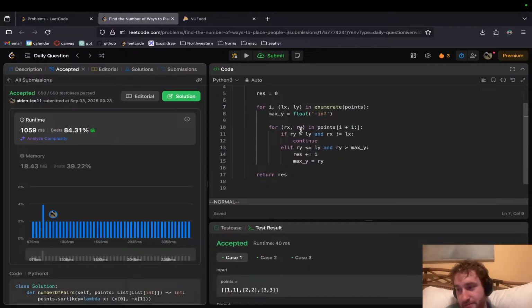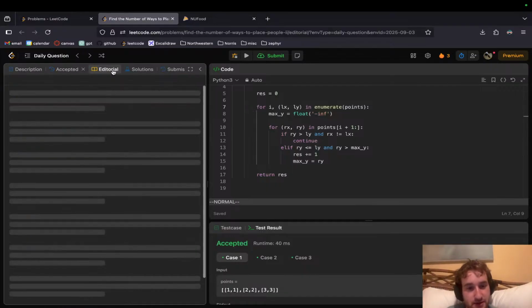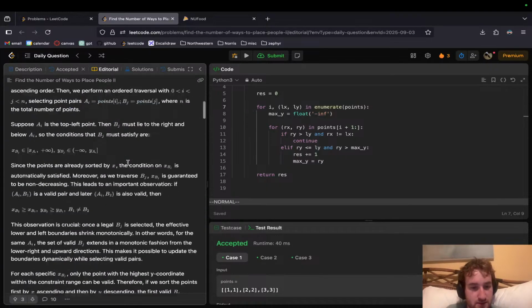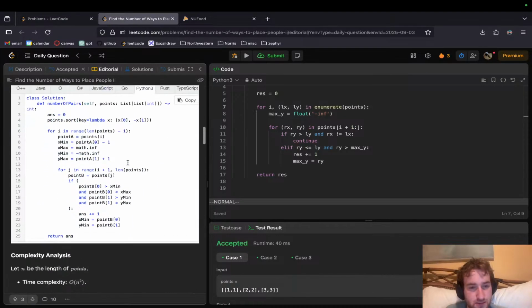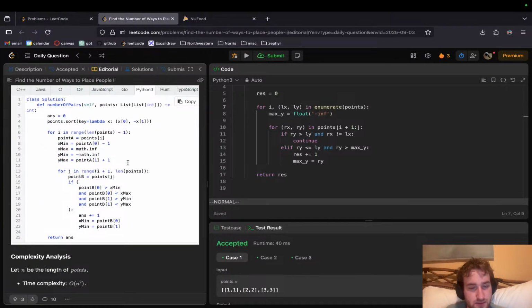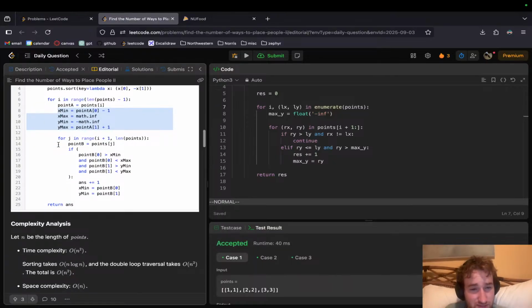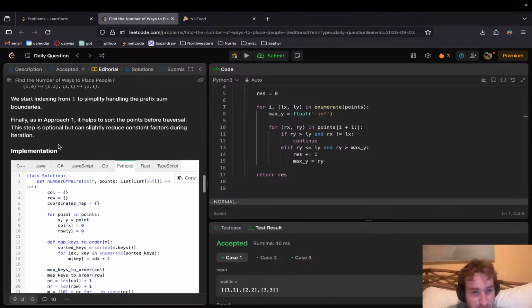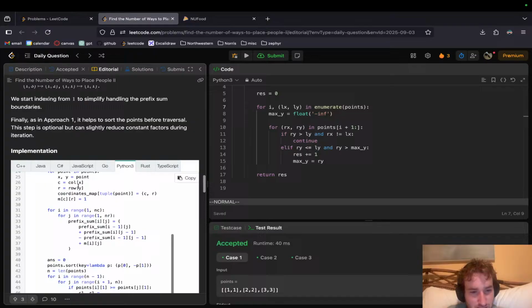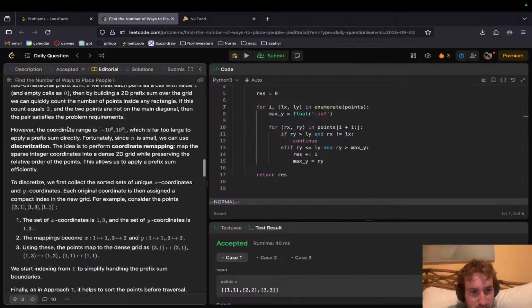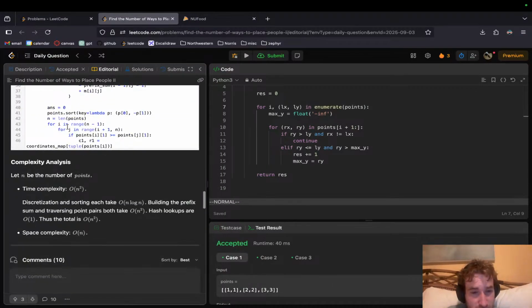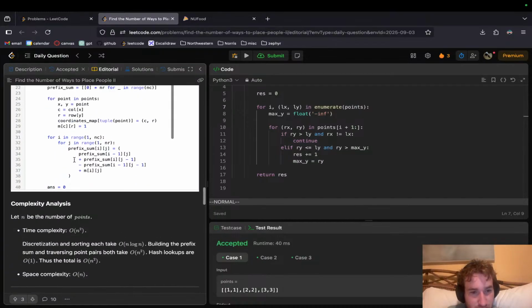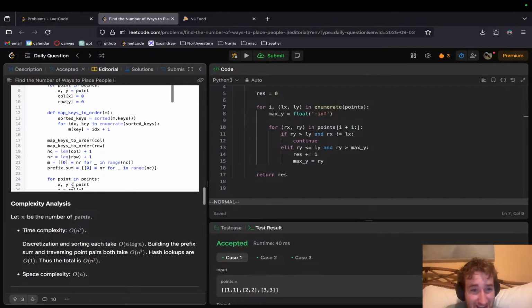Feels cool, man. Editorial is interesting. What's the editorial? Oh, you just don't need to do this. 2D prefix sum. What is this?